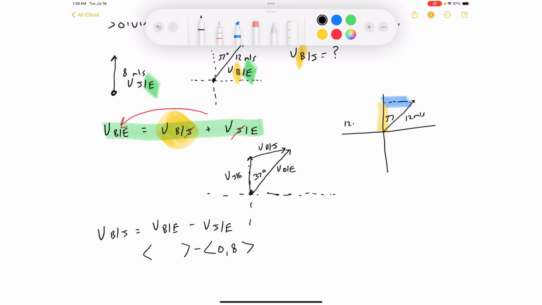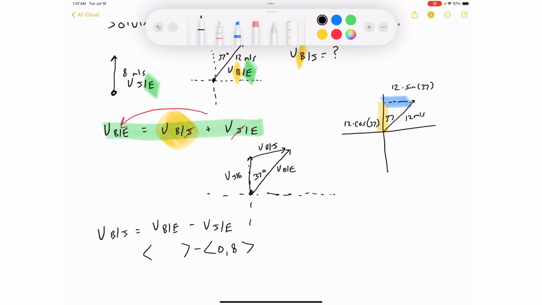Adjacent, of course, is cosine. So I'm going to do 12 times the cosine of 37 degrees, and that should be the vertical velocity. And on top, the thing that's going left and right, or the horizontal velocity, should be, because it's opposite of 37, 12, which is the total speed, times the sine of 37 degrees, okay?